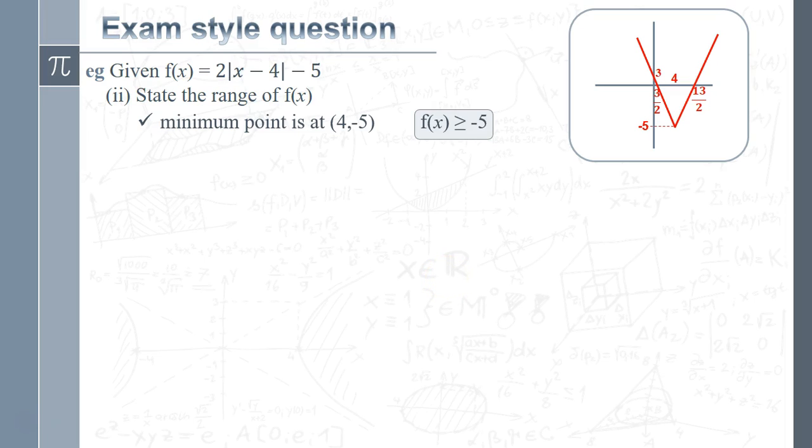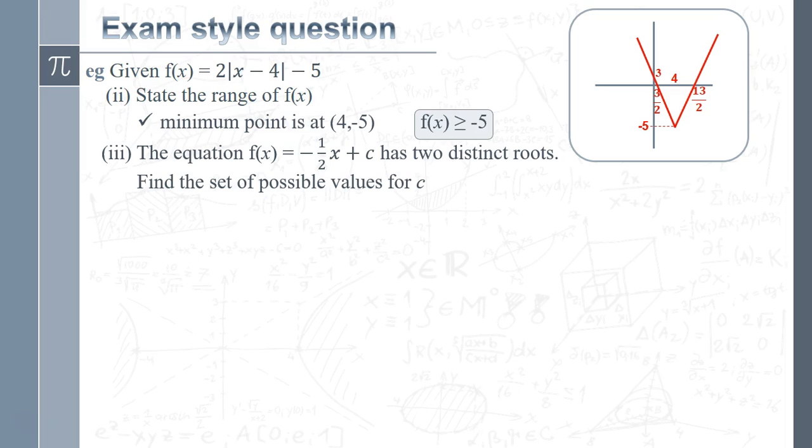Right, on we go, part 3. So we've got an equation where we've got 2 distinct roots, find a set of possible values for c. So what I'm going to do is put on my line, so there's my line y equals minus half x plus c. So for some value, c would be this point of intersection here. And we've got 2 distinct roots here. And we're always going to have 2 distinct roots when the line is up here.